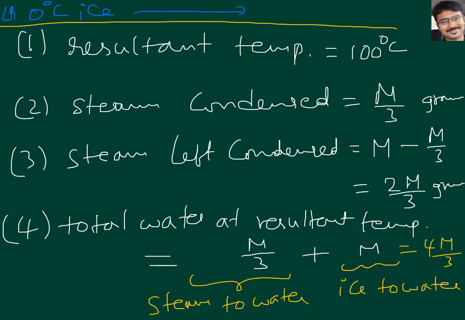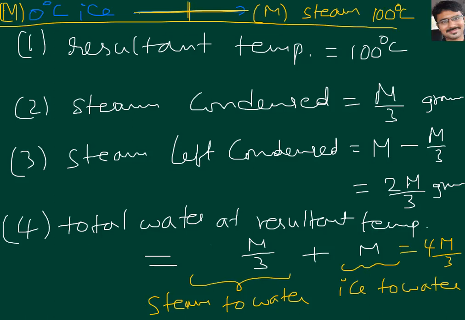How many grams? Sorry, not 1 gram. Here m grams. Let me take it as m grams. M grams of 0 degree centigrade ice is mixed with m grams of steam which is at 100 degrees centigrade.